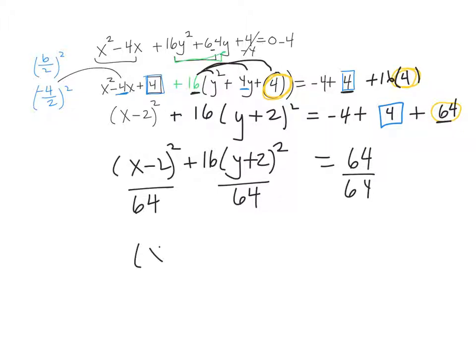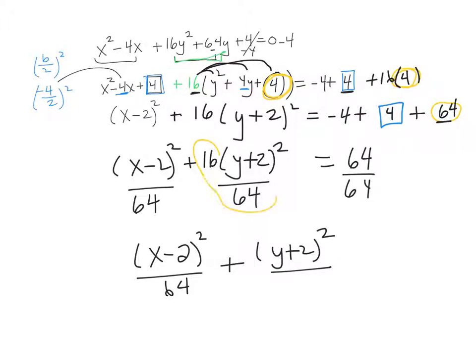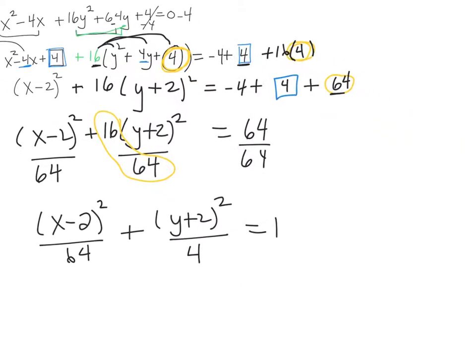So this would simplify as x minus 2 quantity squared over 64 plus y plus 2 quantity squared. Simplifying 16 64ths, 16 goes into 64 4 times. And then the right-hand side is 1. Great. So now I need to graph this thing.